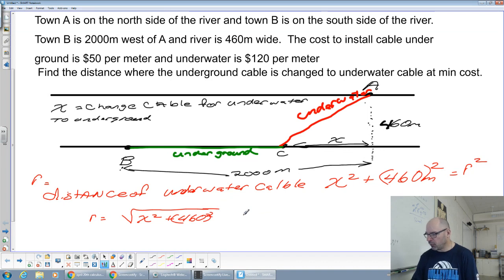So if we're going to work that out, R equals the square root of, what's 460 squared? That's 211,600. So I'm going to put that in front.